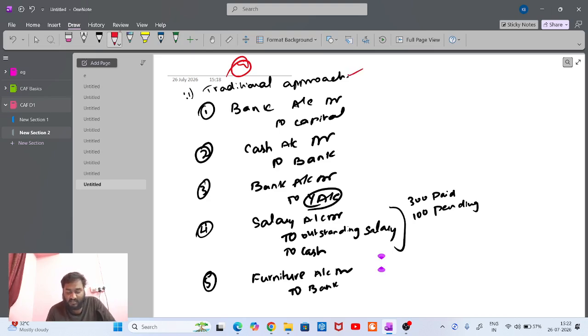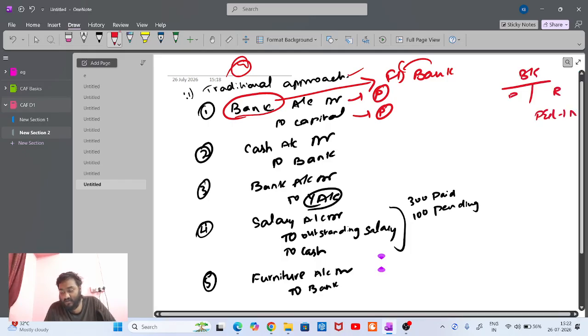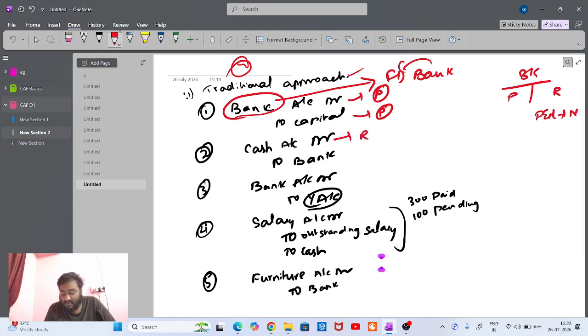Now, since it is a traditional approach, they asked about the bifurcation. Remember, anywhere if there is a bank, or fixed deposits in the bank, it is always a personal account. Capital is liability, personal account. Just remember this: balance sheet, real account, personal account; P&L, nominal account. Whatever accounts come in P&L are nominal accounts. Cash, real account, since it is an asset.